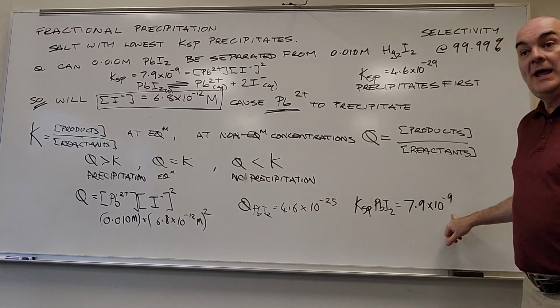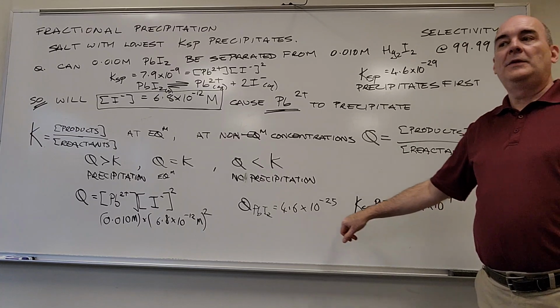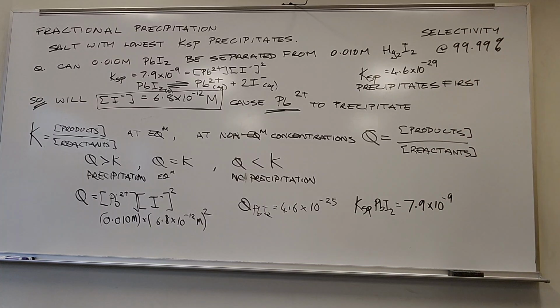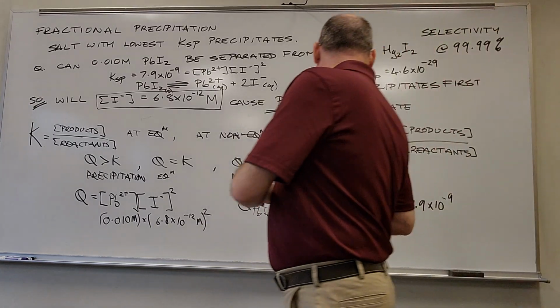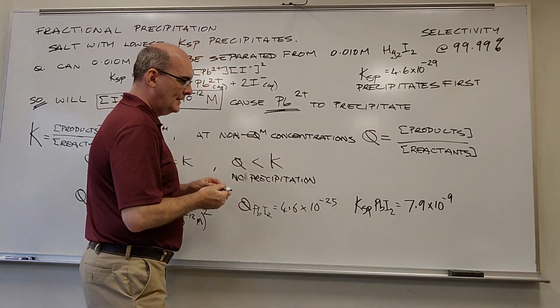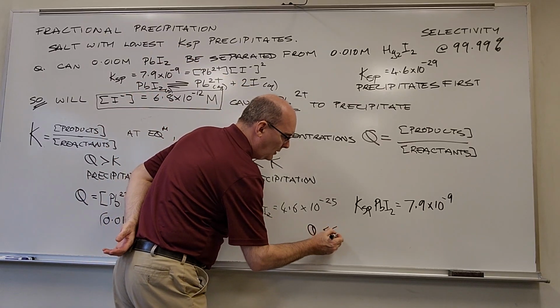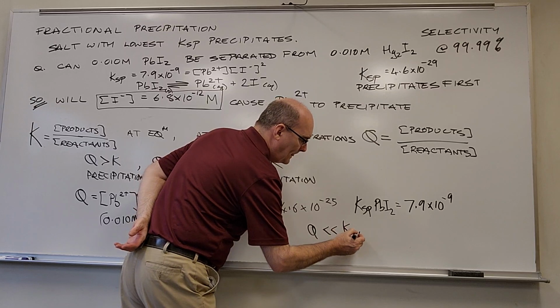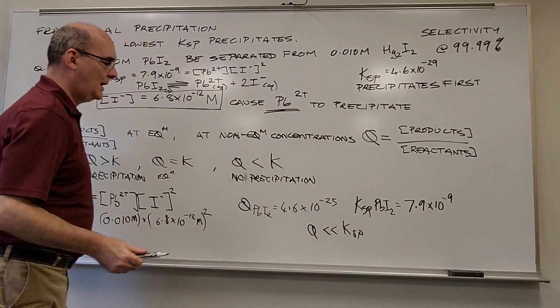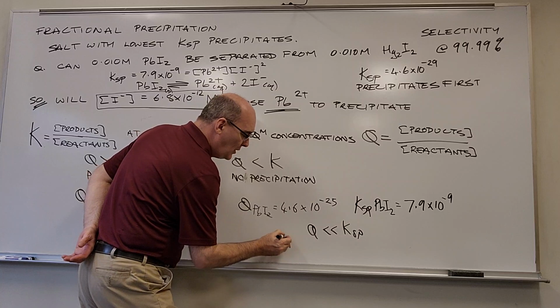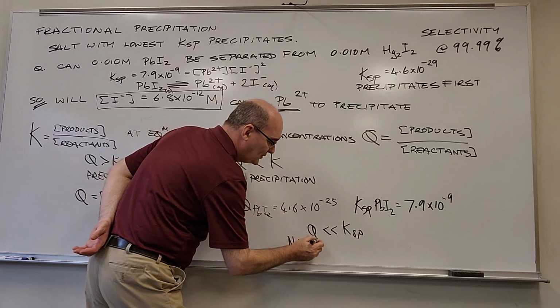This number is to the left. This number is further to the left. Okay. Is Q larger or smaller than K? Smaller, like a lot. Q is a lot smaller than K. So the outcome to the question of does the lead precipitate? Okay, so there is no precipitation of lead.